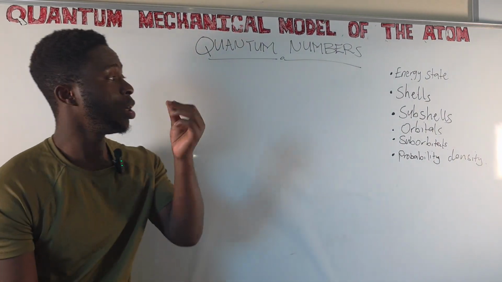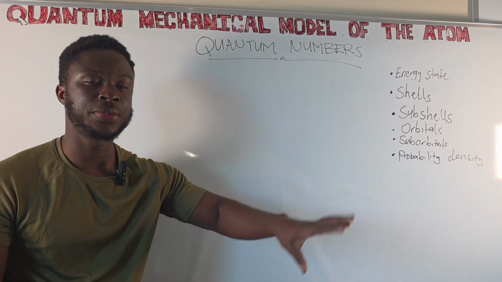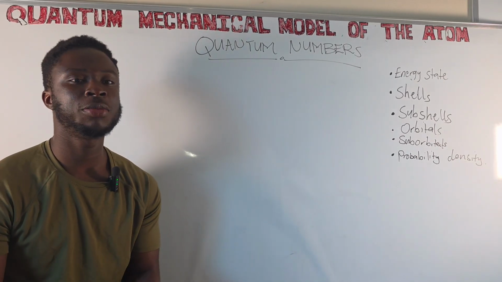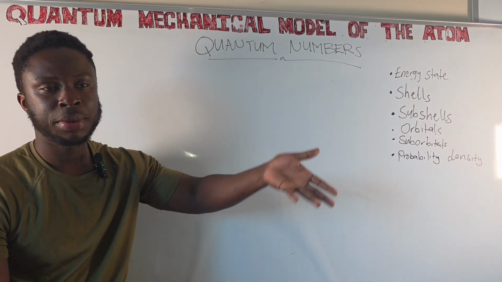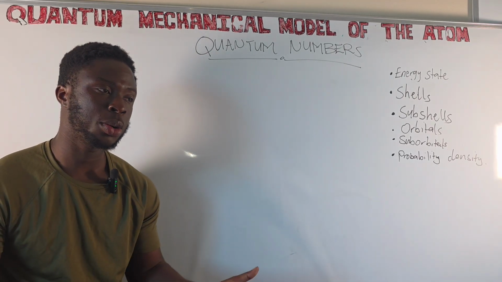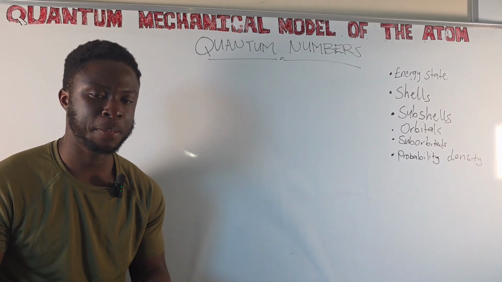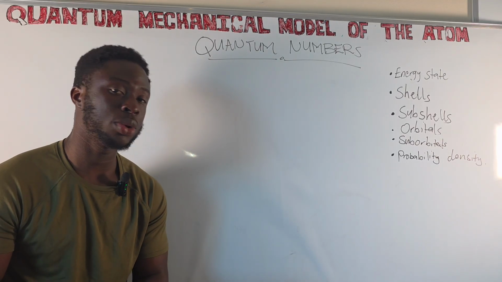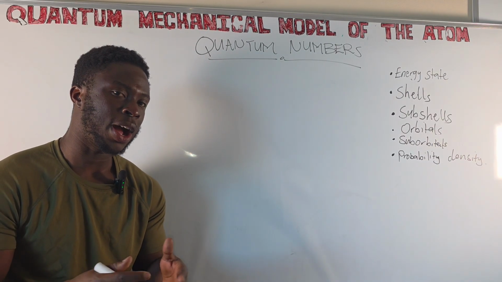My name is Richard. So today we're going to go through quantum numbers and our way to electronic configuration and figure out how they all came to be. So a little bit of background history. After Heisenberg came and said that you cannot find the position and the momentum of an electron at the same time, the theoretical physicists or the scientists at that time decided to come up with a way to figure out how to find an electron.